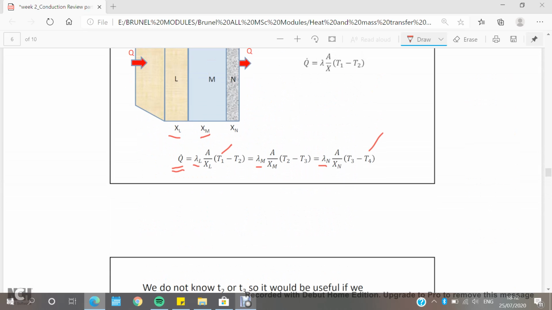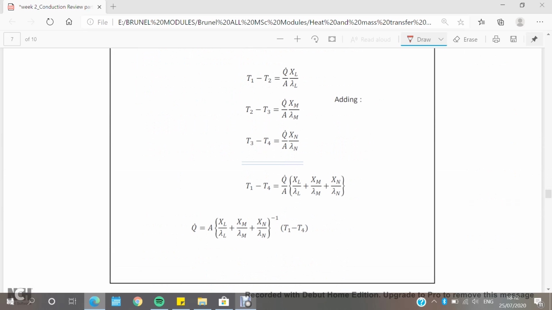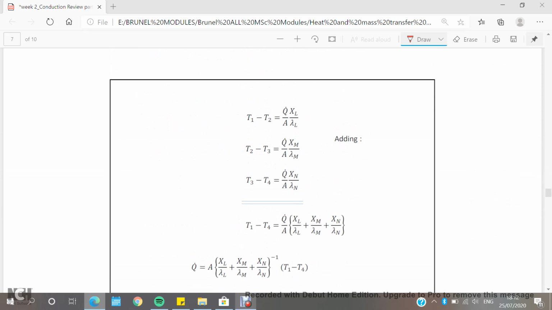If I separate the temperature difference for each layer and put it on the left hand side like this, and put all of the other terms on the right hand side, we can have 3 different equations or relations.